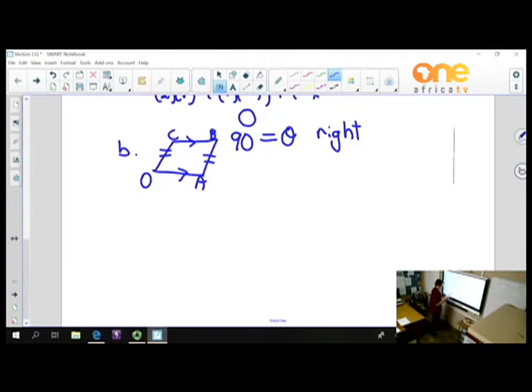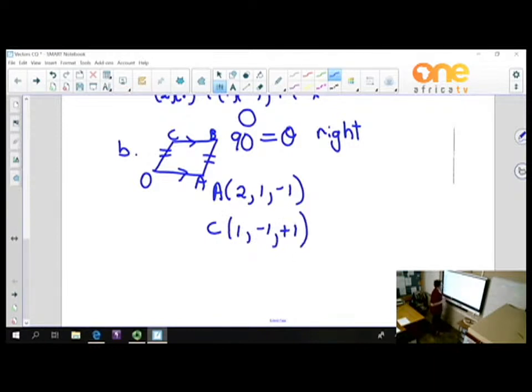So if I take OA, the coordinates of A is 2, 1, negative 1. And the coordinates of C is 1, negative 1, positive 1.